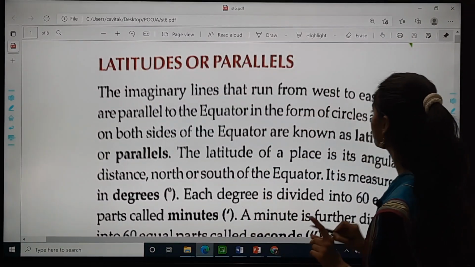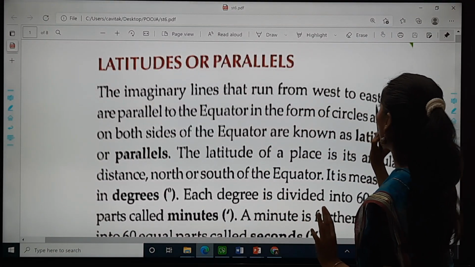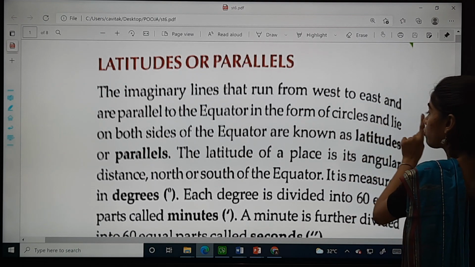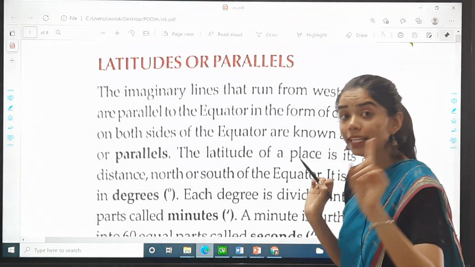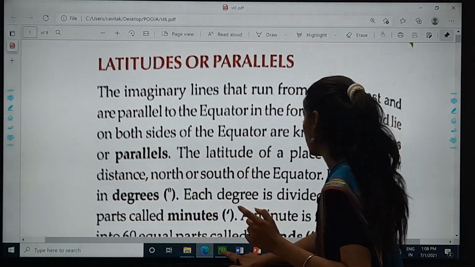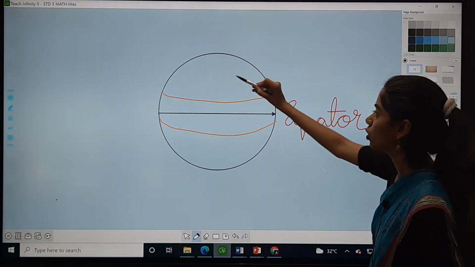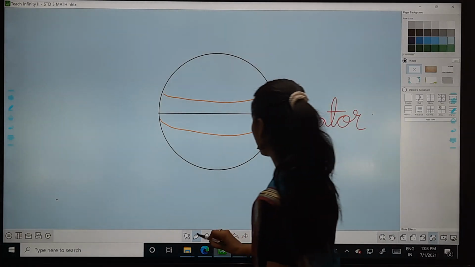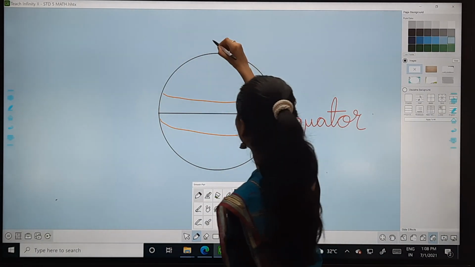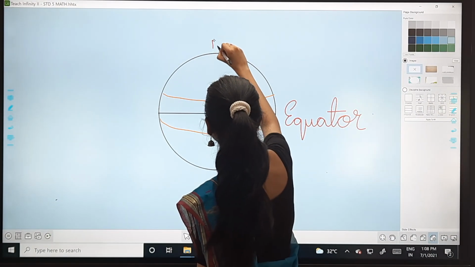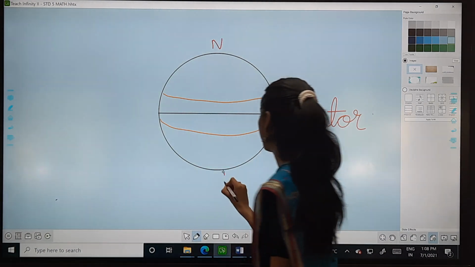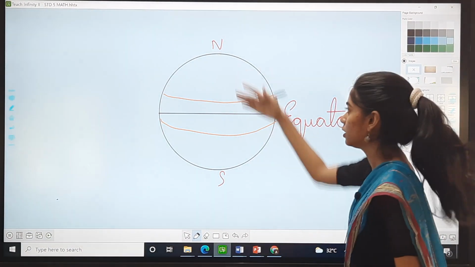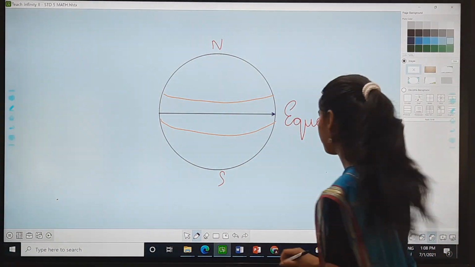Then what is said? That are parallel to the equator in the form of circles and lie on both sides of the equator. Both sides, ऊपर भी है and नीचे भी है. See, at the top is your north side and here is south. ठीक है? North and south.